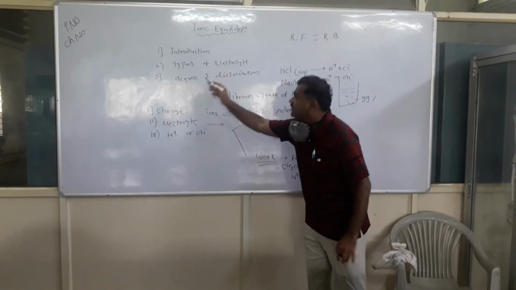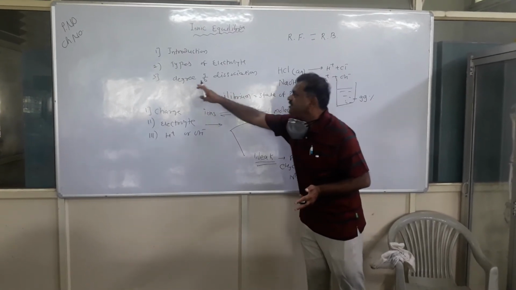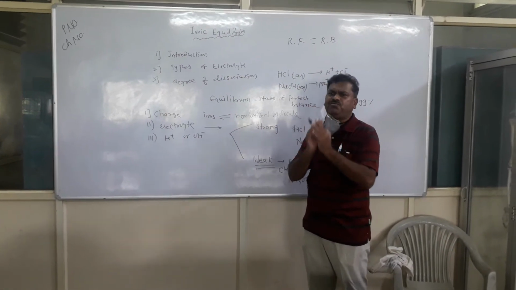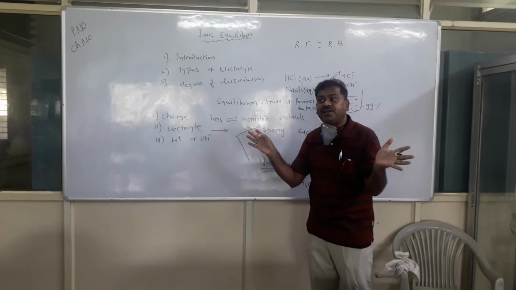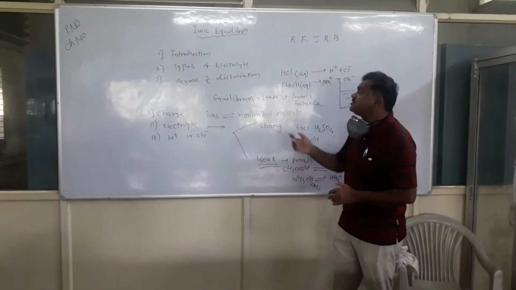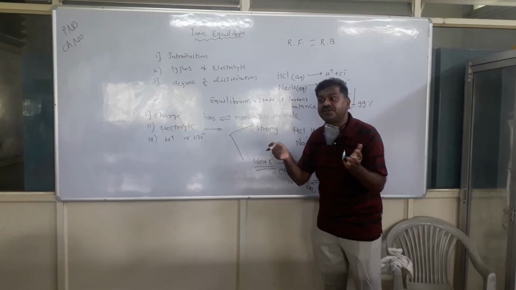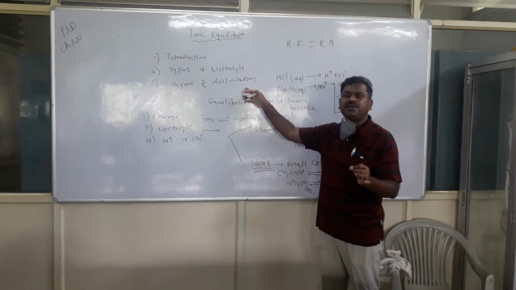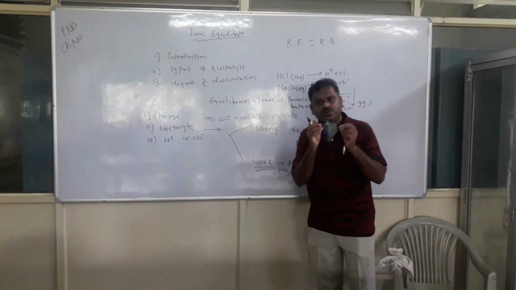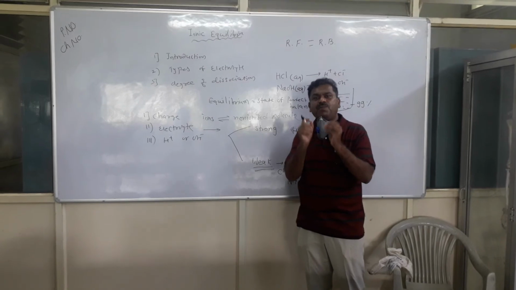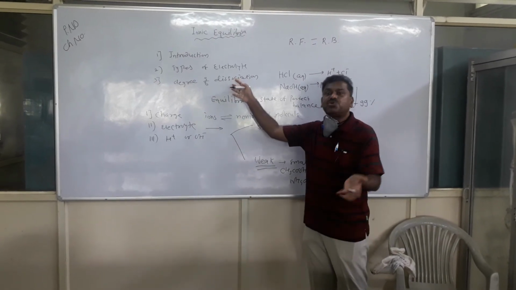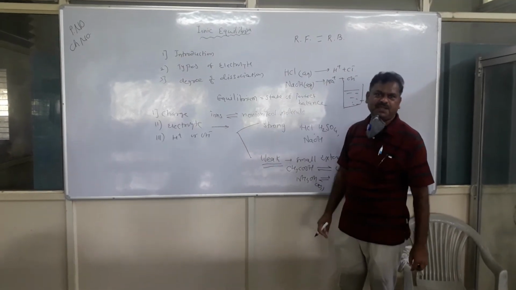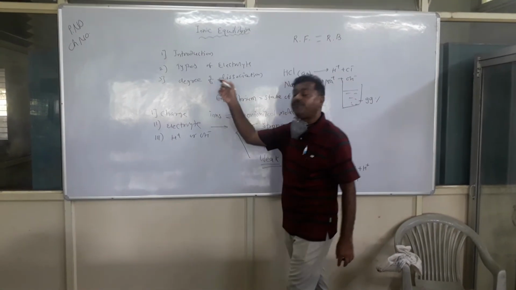The degree of dissociation means the fraction, a small amount of dissociation, that is, of ions. Therefore, the degree of dissociation is nothing but the fraction of the number of molecules dissociated to the total number of molecules present.